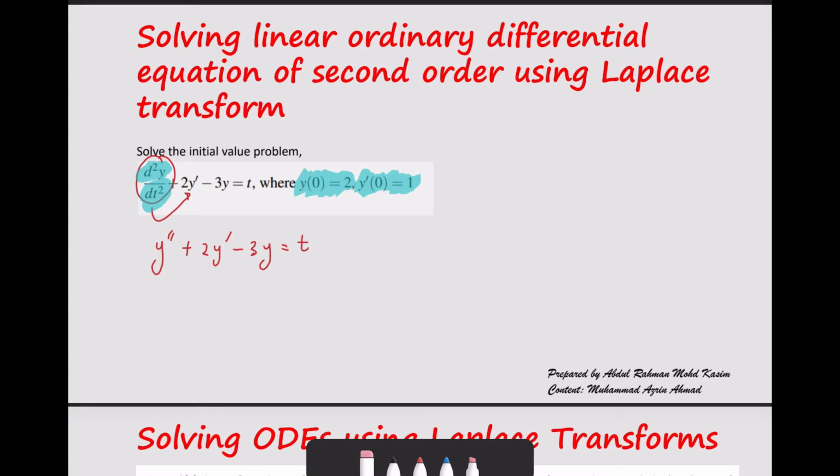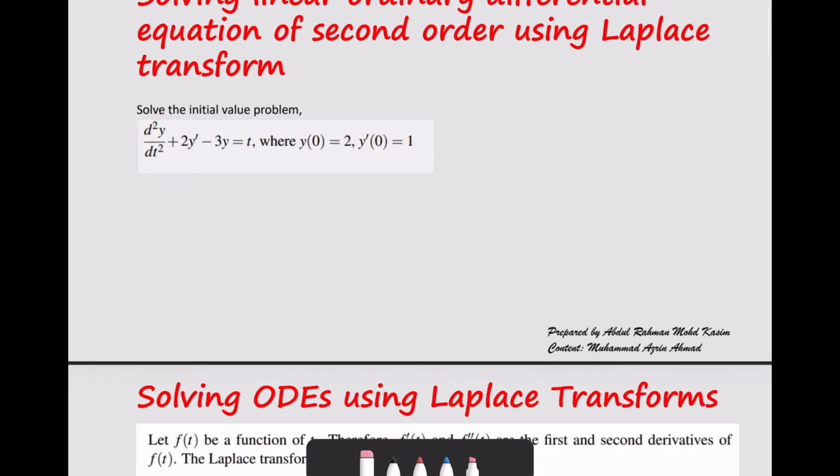The lesson that we would like to learn at this time is about how to solve the second order ordinary differential equation using the Laplace transformations. Basically, the steps of solving the second order is similar with the steps of solving the first order.